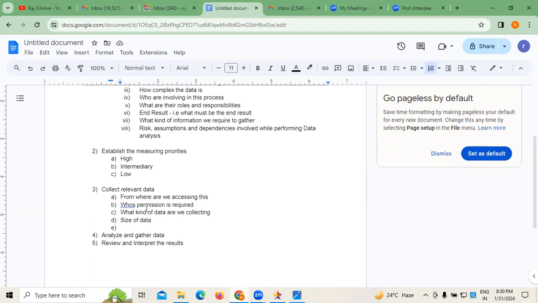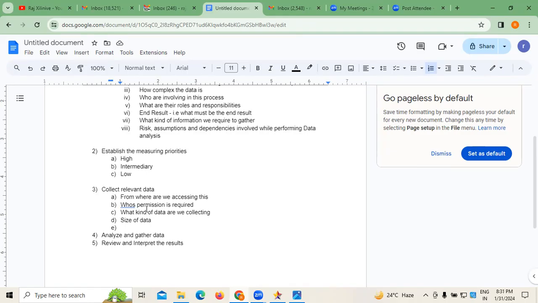The level of data analysis we want to develop will be understood by us very clearly. This is where the size of data comes into the picture. How much data is available with us? This is all something we have to know.